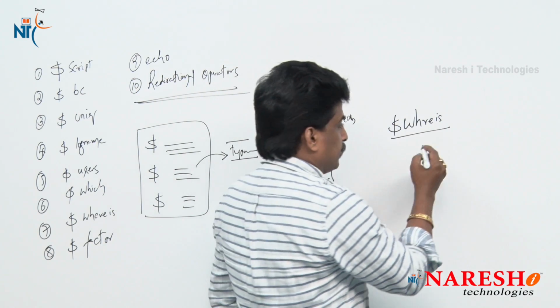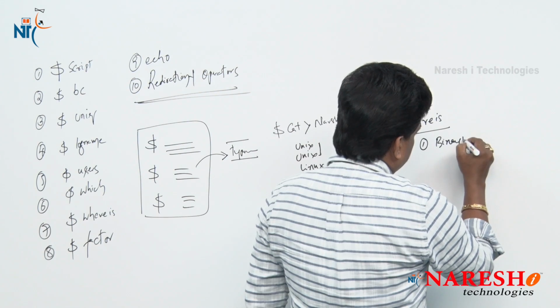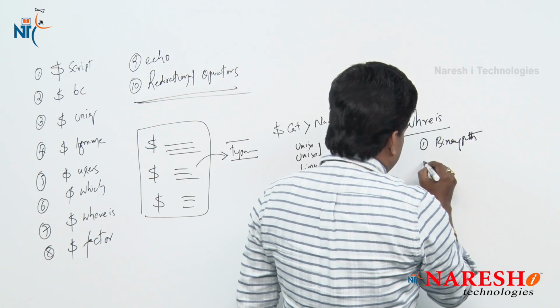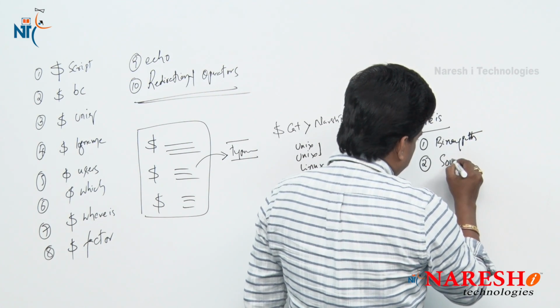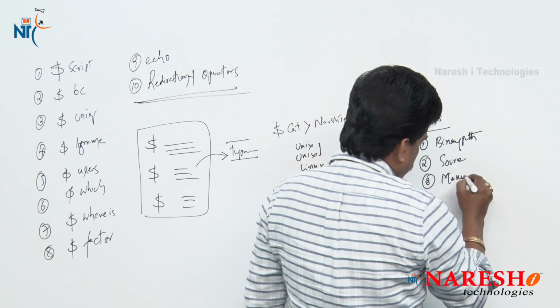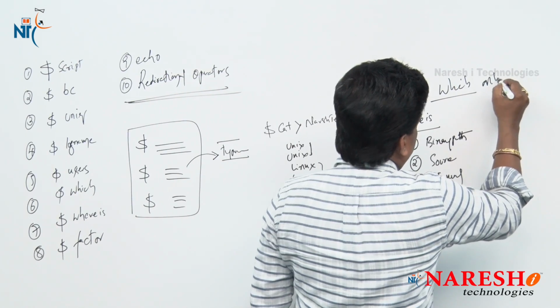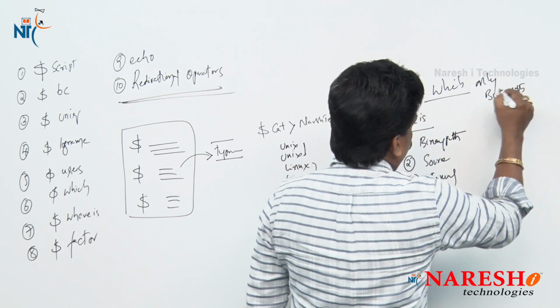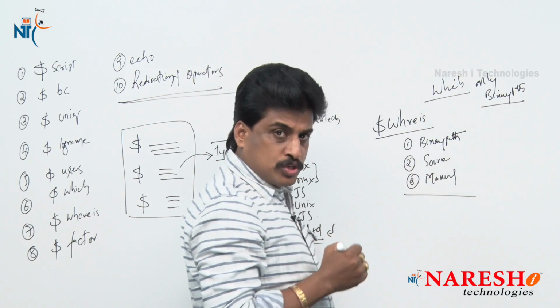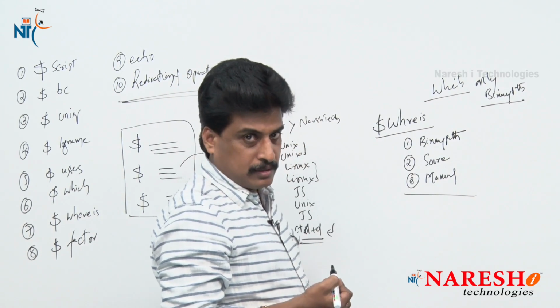Number one is the binary path, second is the source, third is the manual sections, whereas which displays only the binary path. This is the major difference between which and whereis. Several options are available, practically we can observe.